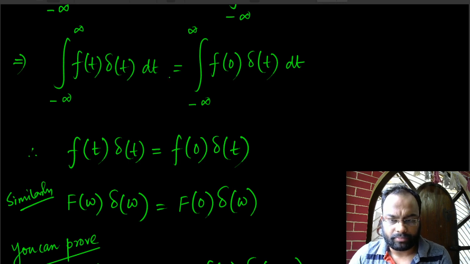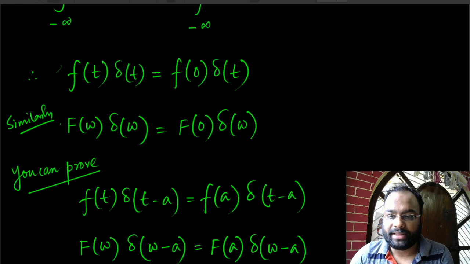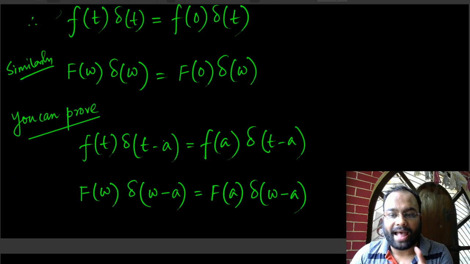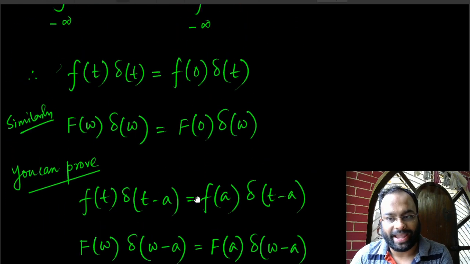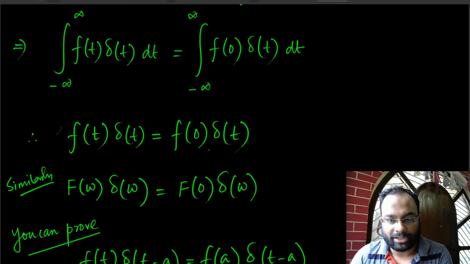This is not valid for some particular function f(t). Similarly, this is valid for any function f(t) as long as f(t) is continuous at t equal to a. That's the condition. This does not mean f(t) is equal to 0, right?